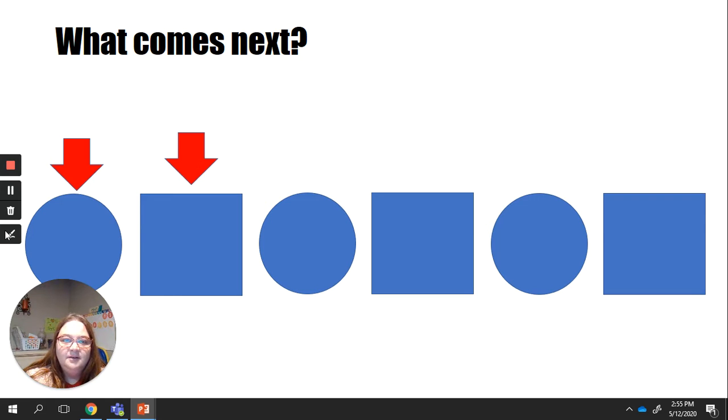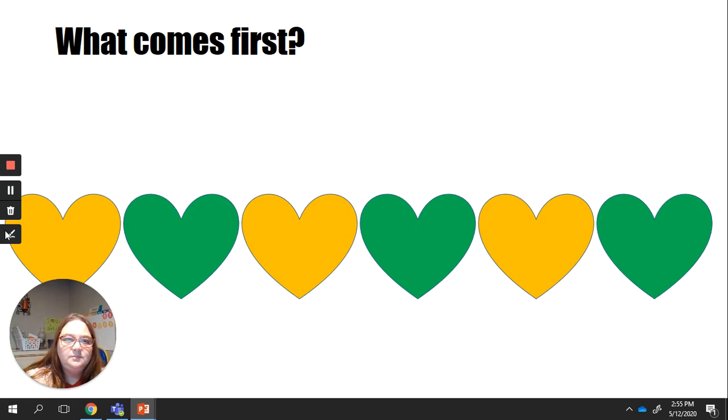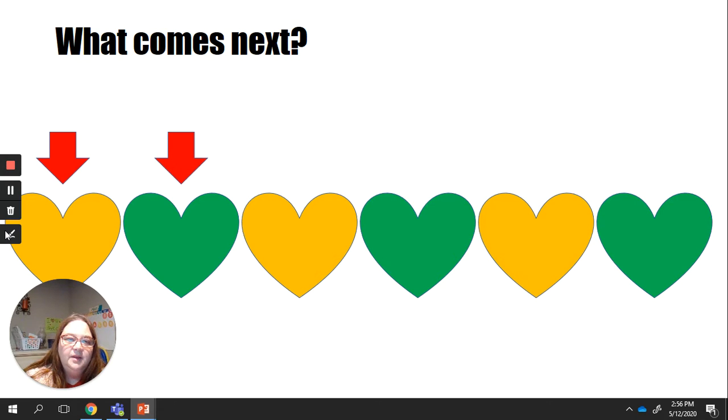Did you guess the right pattern? Good job. Now look at this pattern. What color comes first? Yellow. That's right. What's the next color going to be? Green. Good job. Yellow, green, yellow, green, yellow, green.